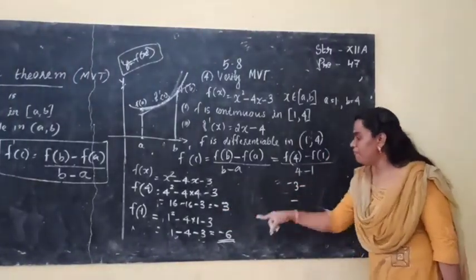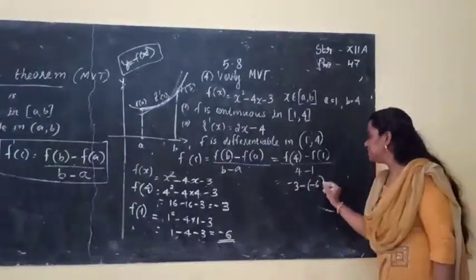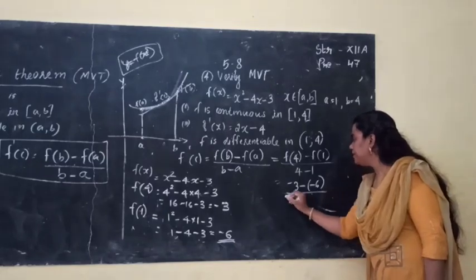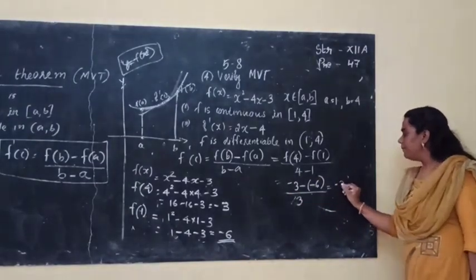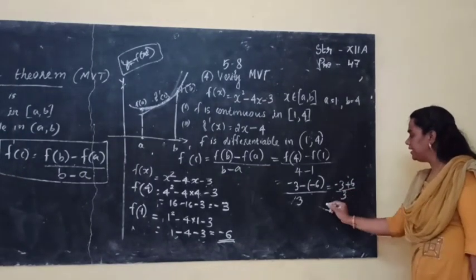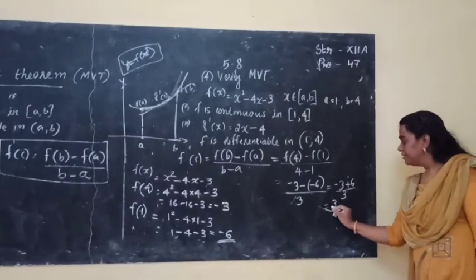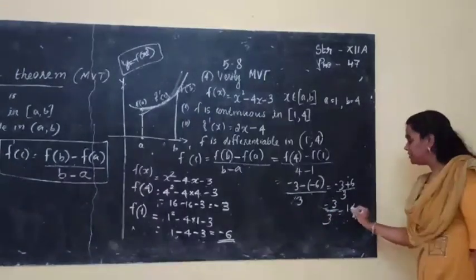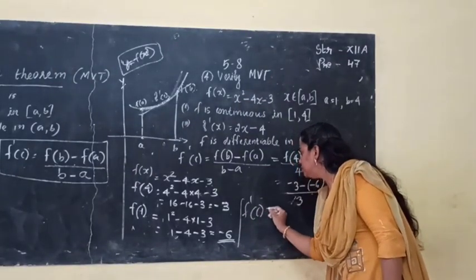Minus of f of 1 is minus 6, divided by 4 minus 1. 4 minus 1 is 3. Here we have minus 3, minus of minus 6 is plus 6, divided by 3. Then minus 3 plus 6, what do we get? 6 minus 3, 3 by 3, we got 1. So f dash c is equal to 1.